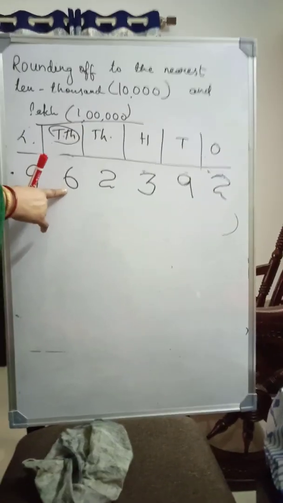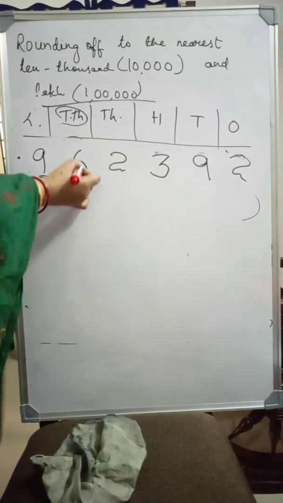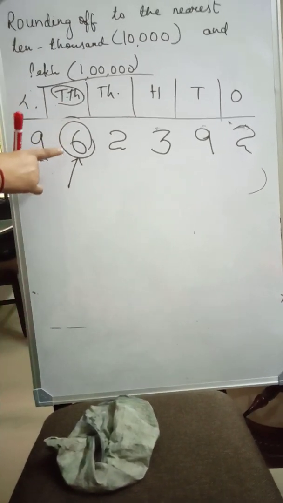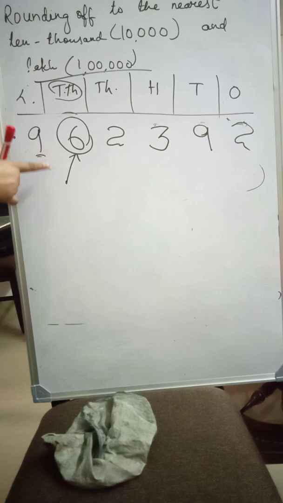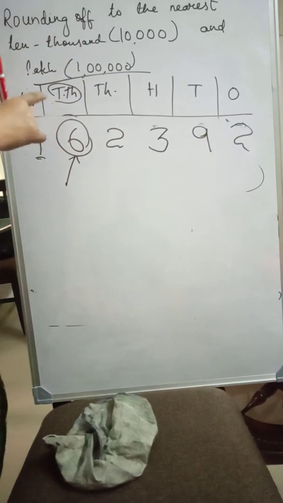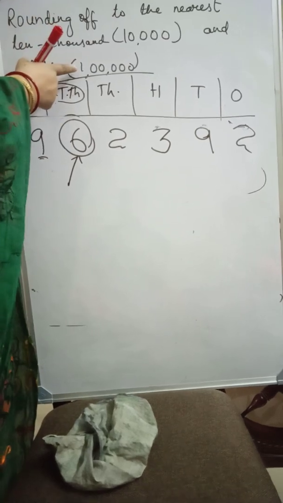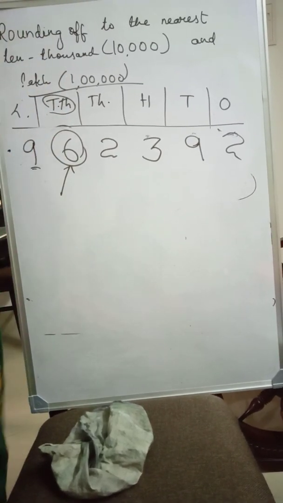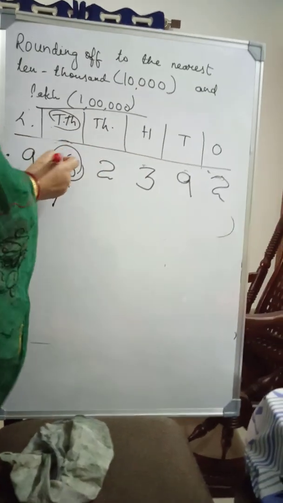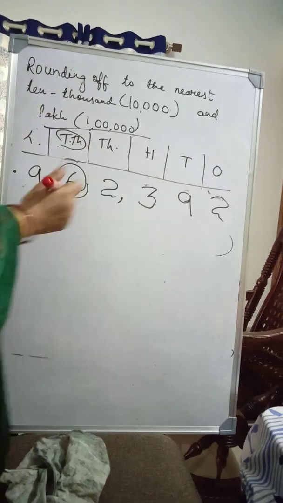So always look at the digit at the 10,000 place. This is the digit at the 10,000 place, 6. And whenever the digit at the 10,000 place is 6, we have to round off to the nearest multiple of 1 lakh, which should be more than, ज़्यादा होगा, 9,62,392. First point.